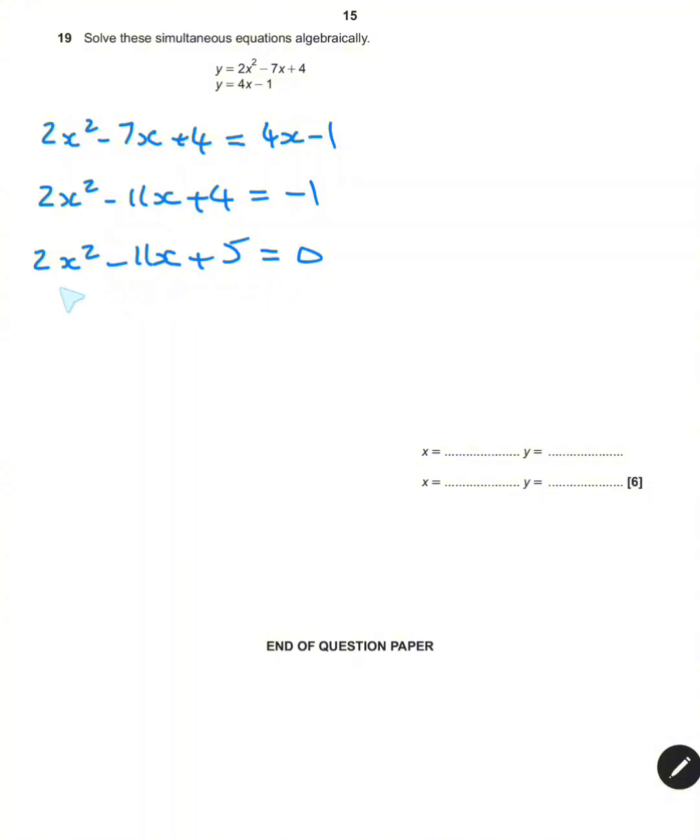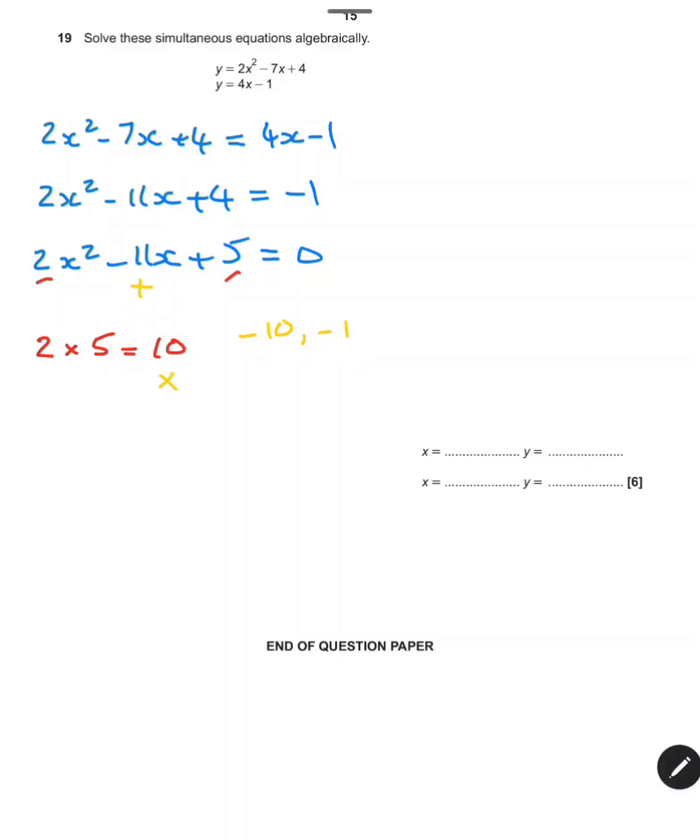And now we're down to a quadratic with a leading coefficient. So I'm going to need to factorise this, but it's not going to be as easy as a normal quadratic might be. So let's do 2 times 5 first. Then I'm looking for two numbers that add to -11, but times to 10. Those two numbers that add to -11 and times to 10 are -10 and -1.